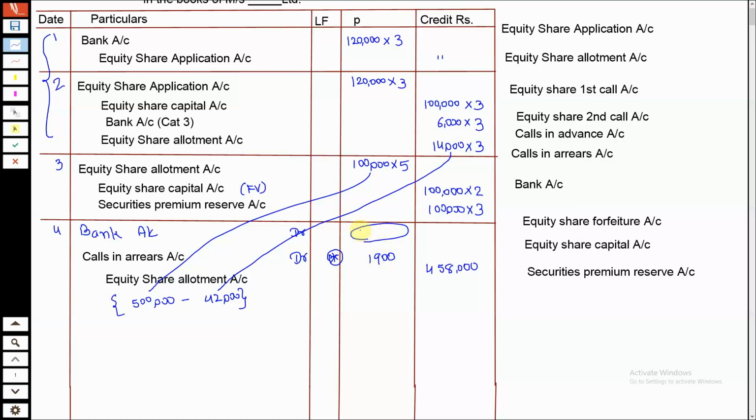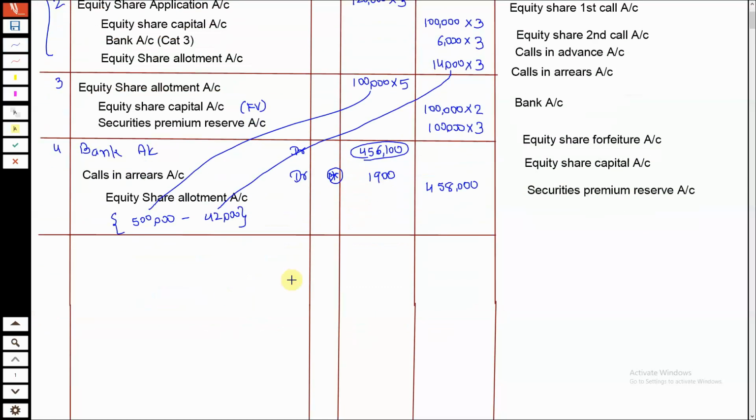So कितना मिला होगा? तो 456,100. Okay, so this completes our journal entry number 4 and now entry number 5 is for the first call.